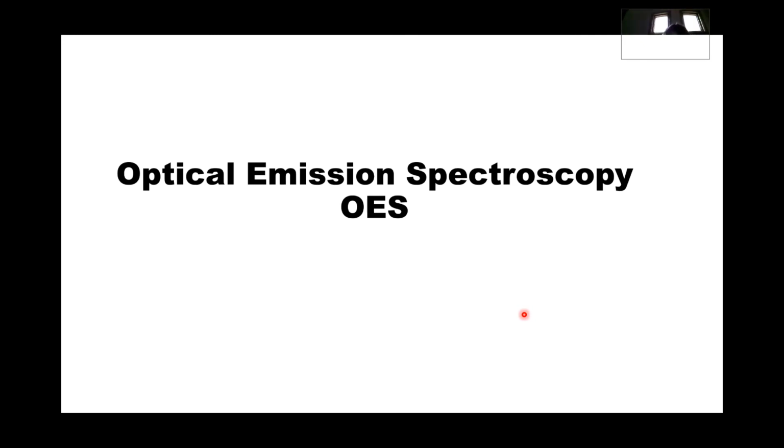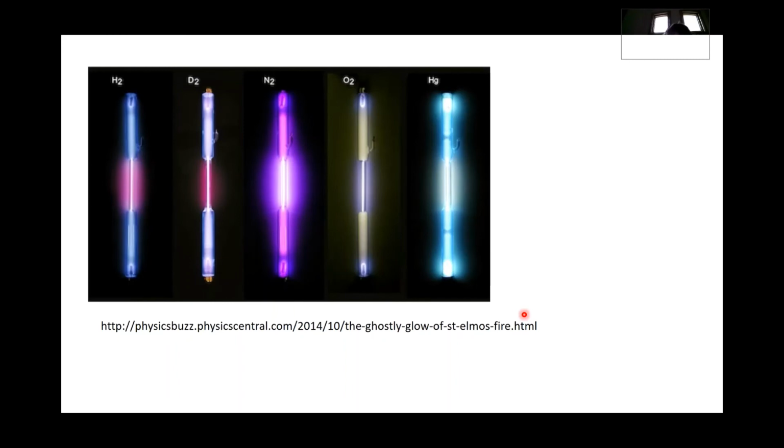Very interesting. If you take a look at this, this is plasma. So you strike a plasma. Plasma of different elements has different colors. I got this from Physics Buzz.